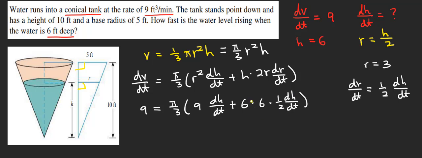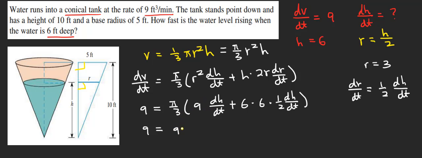So this is going to be 18 dh/dt plus 9 dh/dt, which becomes 27 dh/dt, and 27 divided by 3 is 9.